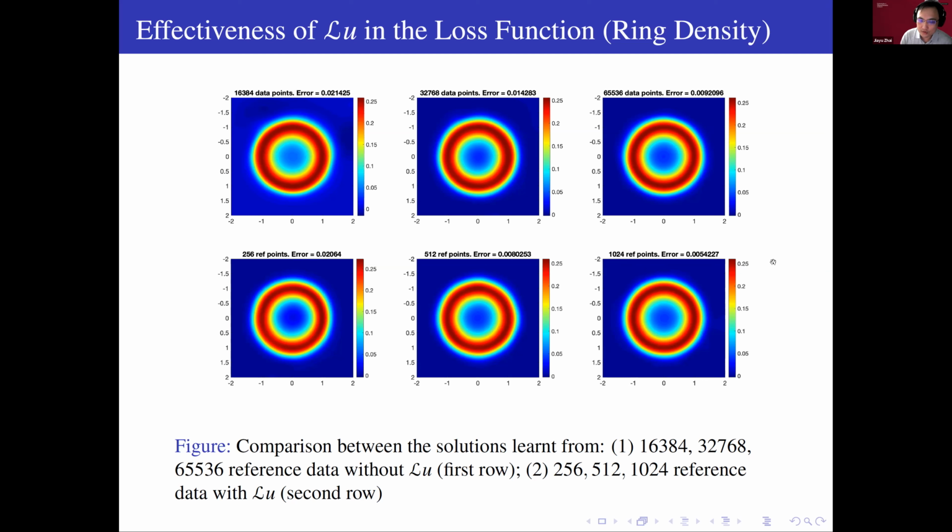Then we only need a few hundred reference data points to get even better results, because they are only used to determine the uniqueness, where the function should be. This is very important because in reality, particularly in high dimensional systems, it is not easy to obtain this kind of data.